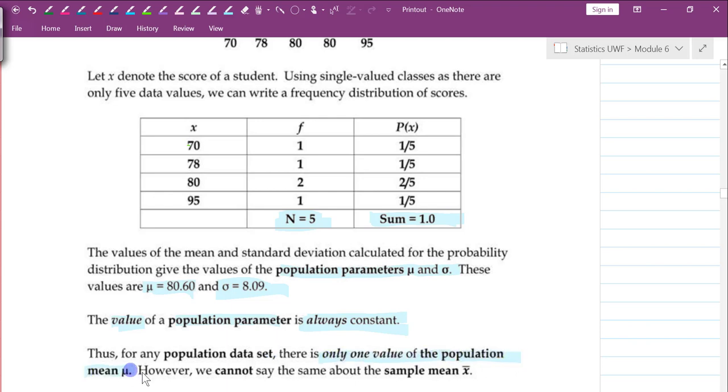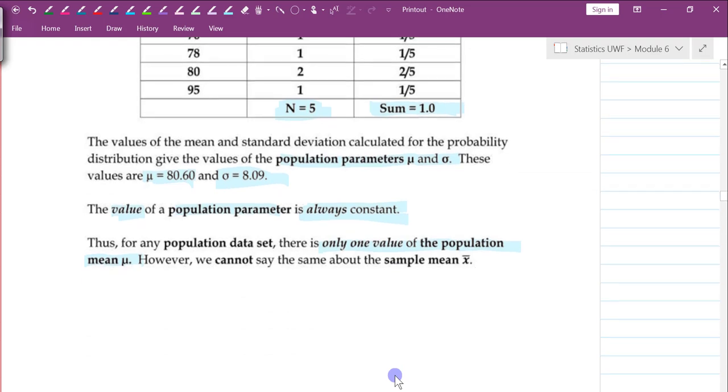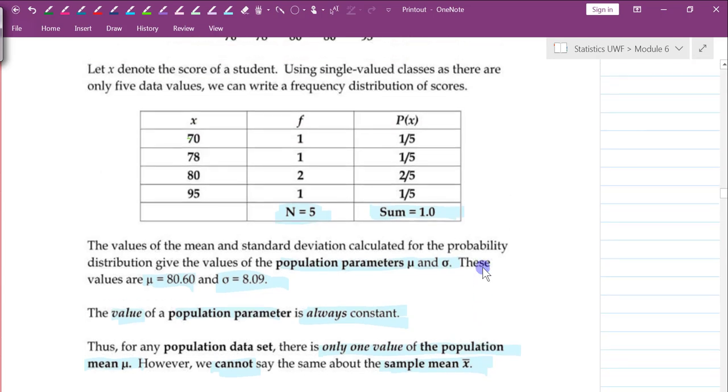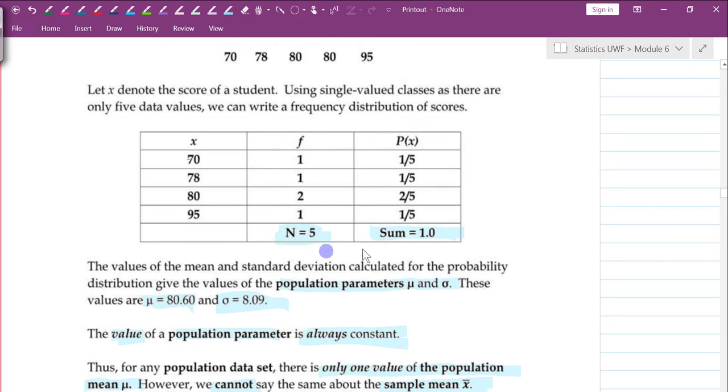However, we cannot say the same thing about the sample mean, okay? The sample mean can be different, because if this is my entire population right here, I could say, well, let a sample size be equal to 4. Well, if I was going to calculate the mean, I could have chosen the first 4 data values that occurred, okay, which would actually be these right here.